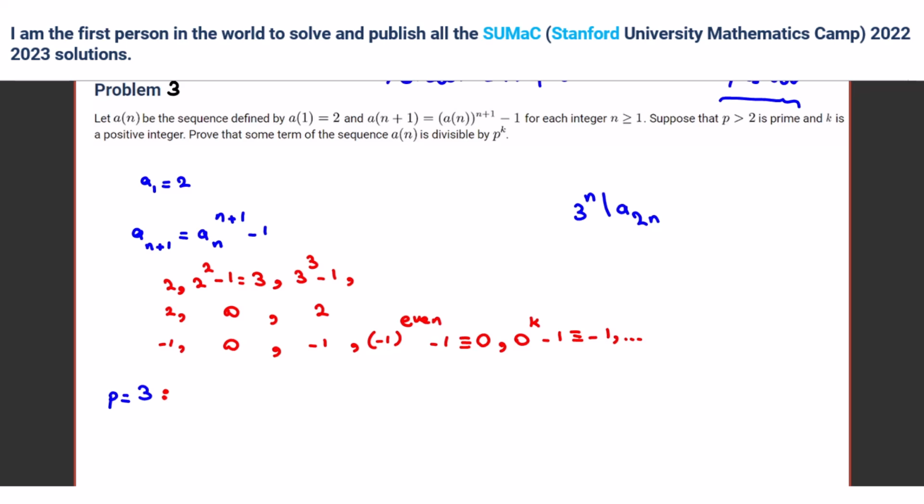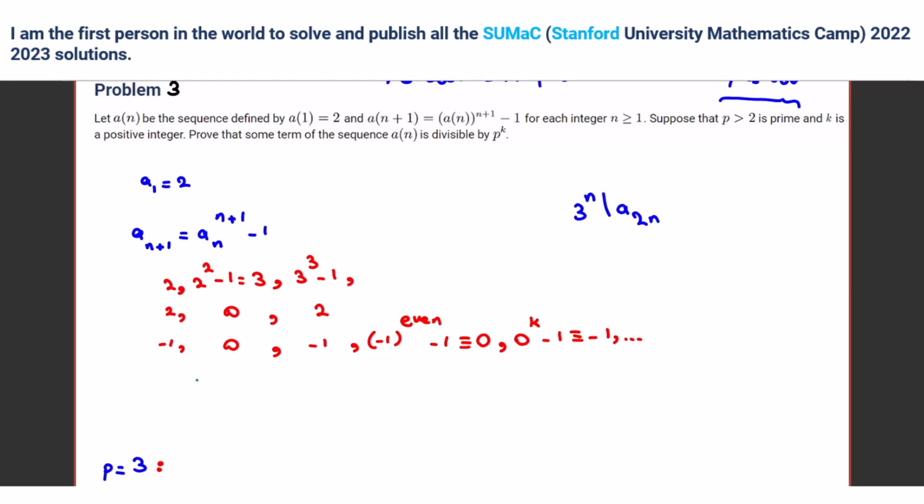That means a of 3 will be equivalent to 0 mod 9 minus 1, because you are at least raising it to the cube. So this is equal to minus 1 mod 9. Then a of 4 will equal 0 mod 9. Then we can do the same thing over and over, and a of 6 will be equal to 0.